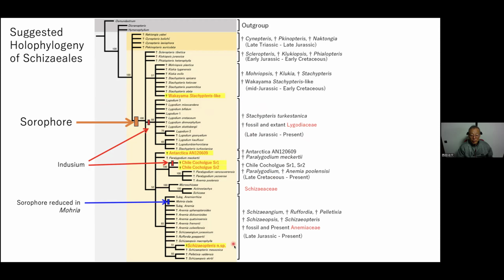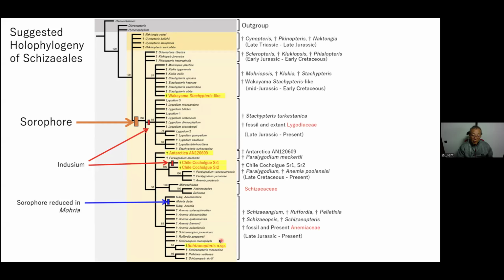And the Schizaeopteris, which is compared to the Anemiaceae, is located here. And the Schizaeopteris mesozoica, the first one, and the new species is in the sister relationship.